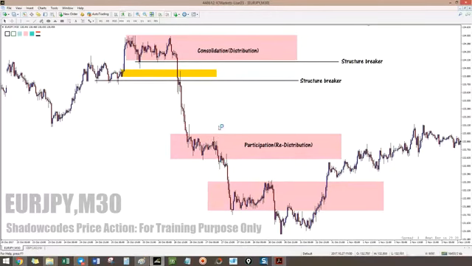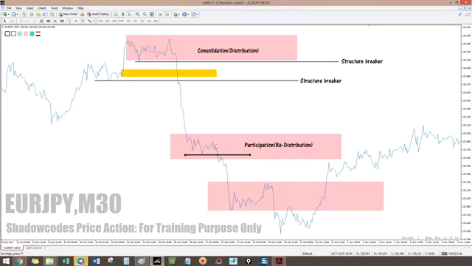How can you take this trade? So you look, this sideway has already been broken. The sideway starts here, and then it broke the sideway. So you can try to find your entry on SBR over here, support become resistance.